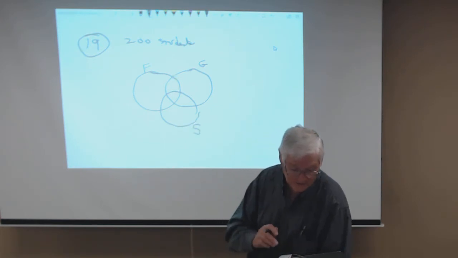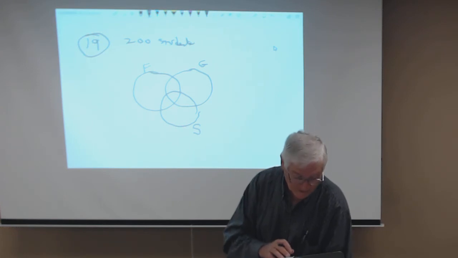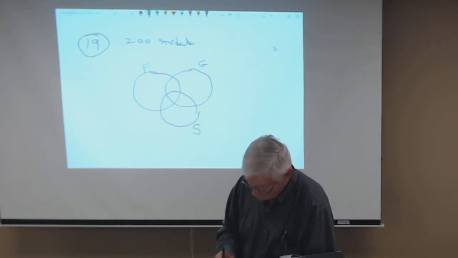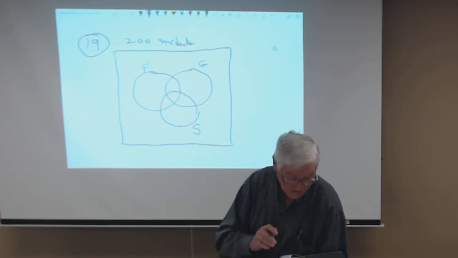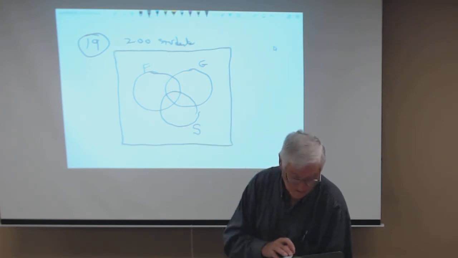Where do we start reading this stuff? So go to number 19, and what's the last thing it tells you? Those students are taking all 3.